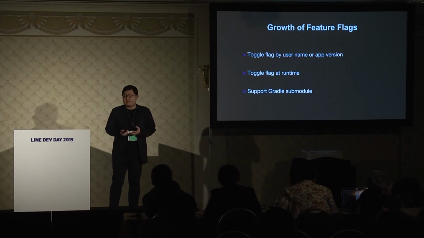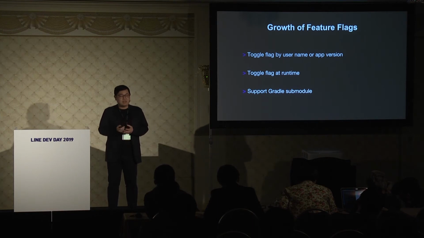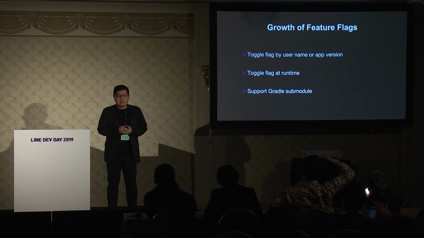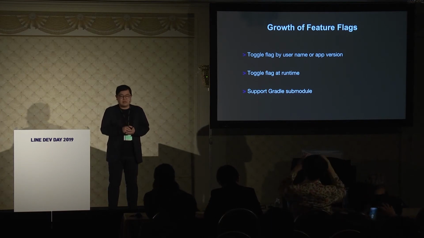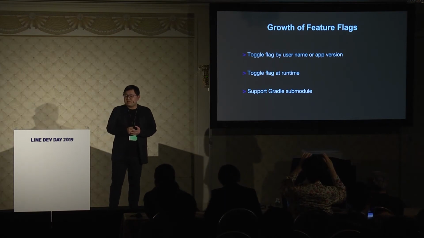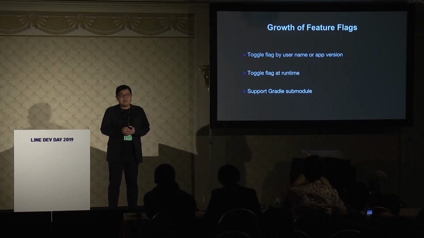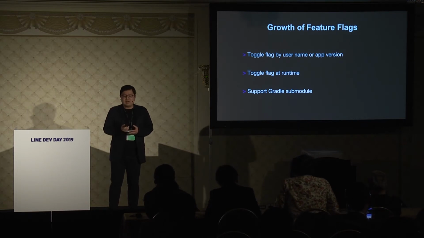For example, a PC user may have a certain name, and then make the feature flag true, or the application version is beyond a certain version. You can also make the feature flag true, and while running the application, from the debug menu, you can switch the flag on and off.